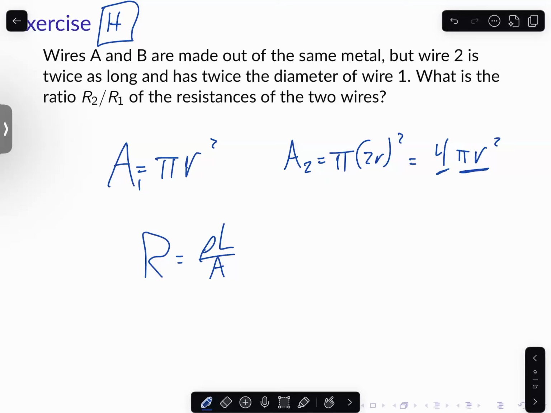If area becomes 4 times as great, what's R doing, if just area is changing? If A gets 4 times as big, if you make the downstairs of a fraction 4 times what it was, how does the fraction change? Does it get bigger or smaller?